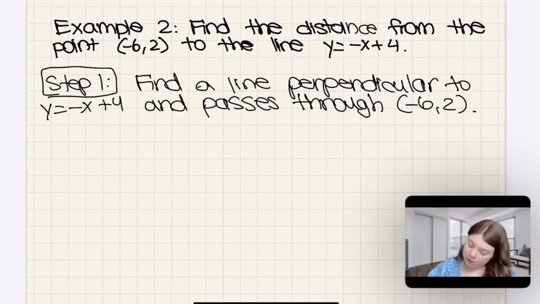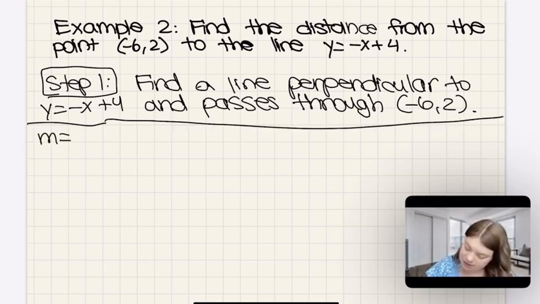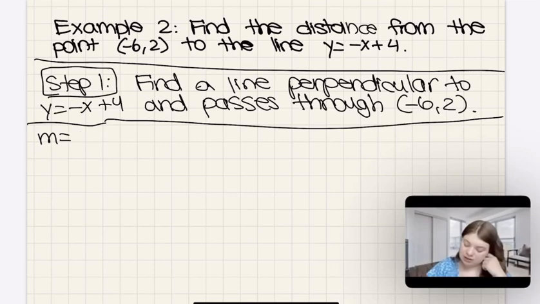So first of all, what is the slope of the perpendicular line? It's going to be 1. And how do I know that? Whenever we are taking the perpendicular slope, we always take the negative reciprocal of the original slope. The original slope in this case is -1, right? Because here we have -x.